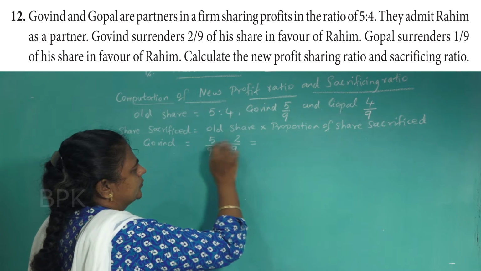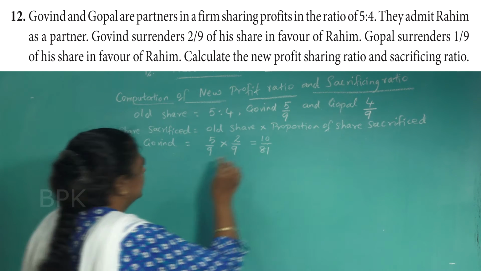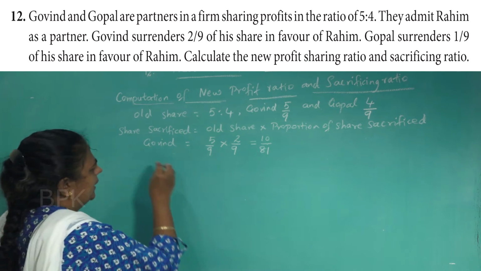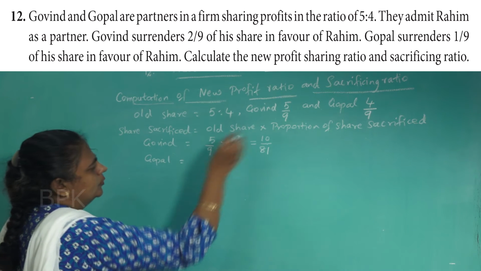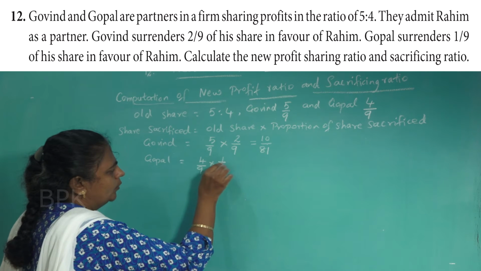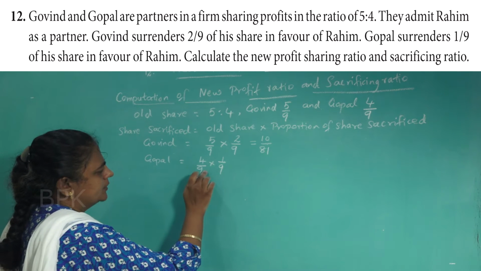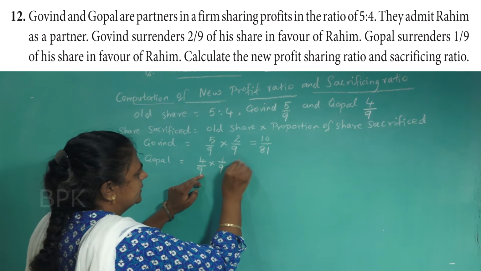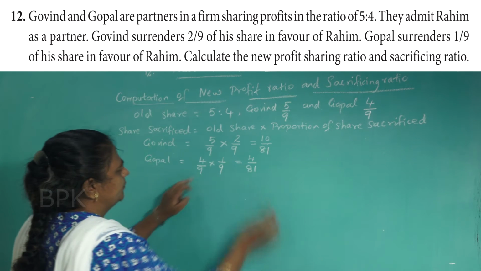So, multiply, that gives 10/81 for Govind. Then for Gopal, Gopal's share is 4/9. In that he is sacrificing 1/9. Gopal surrenders 1/9 of his profit. So, you multiply like this, that will give you 4/81.